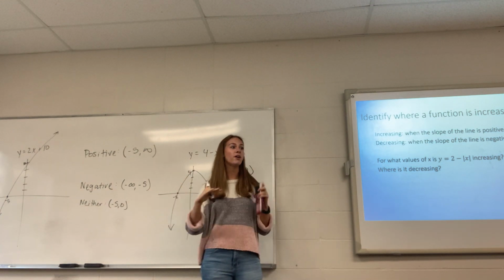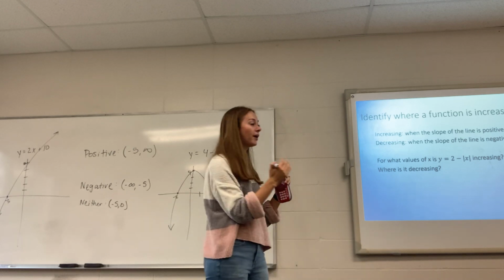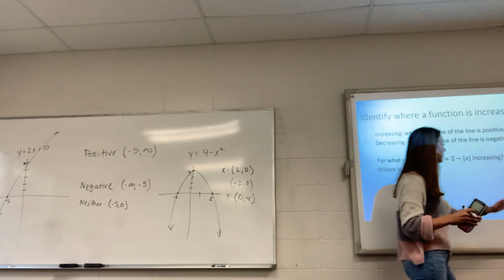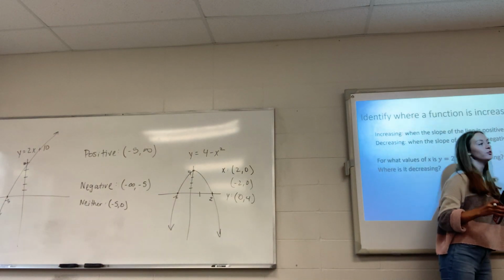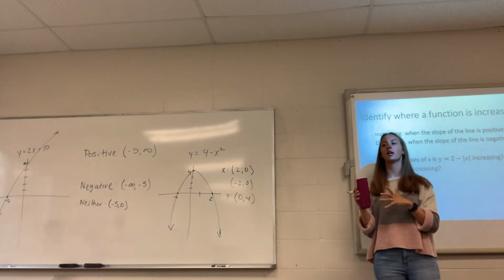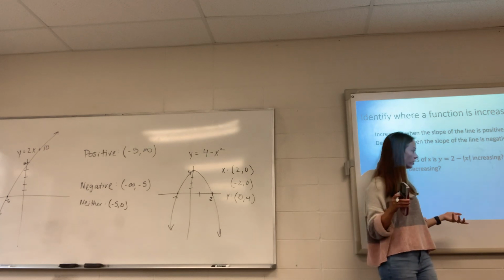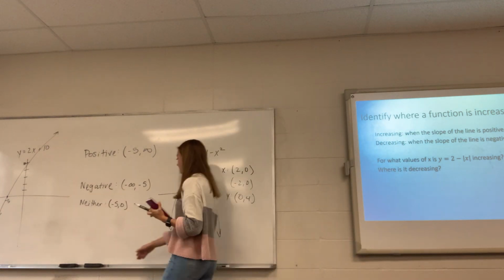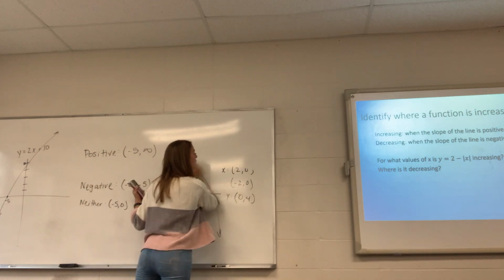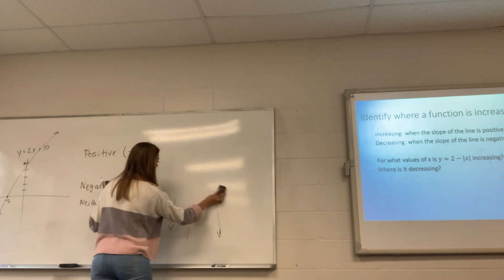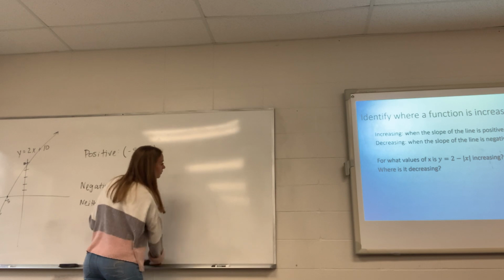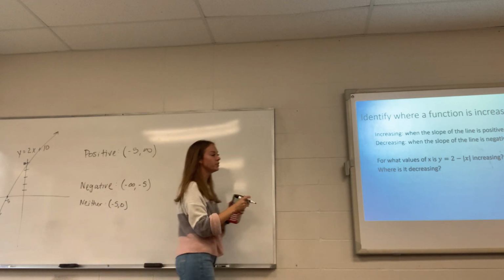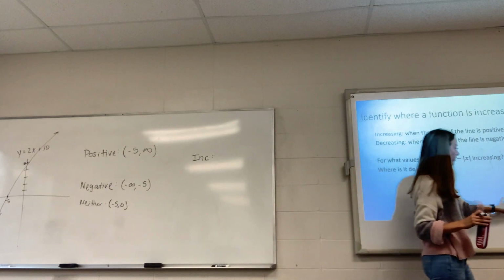All right, so in terms of increasing and decreasing, I also write it just like I wrote positive and negative, I just use parentheses. I write it in terms of x, okay? So you look at where your x value to your x value, you don't use your y's. The only time you use your y's is your range, okay? So it's increasing, so we just said it's increasing on this side over here.